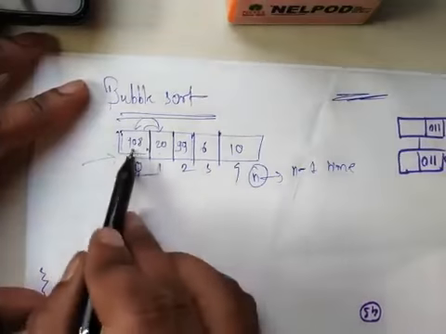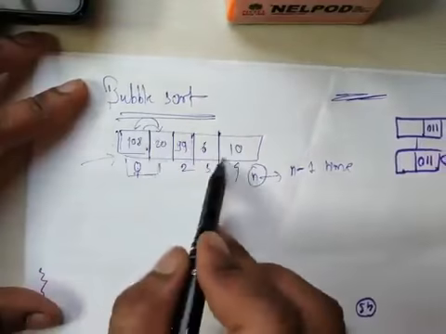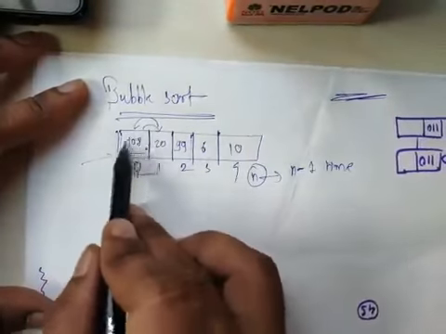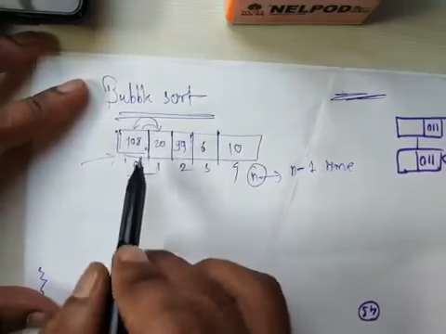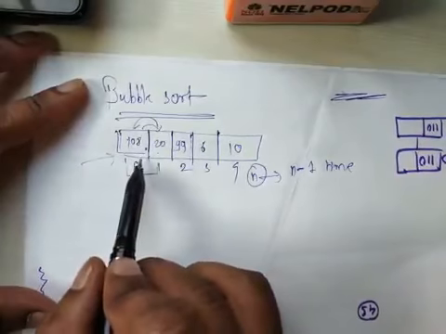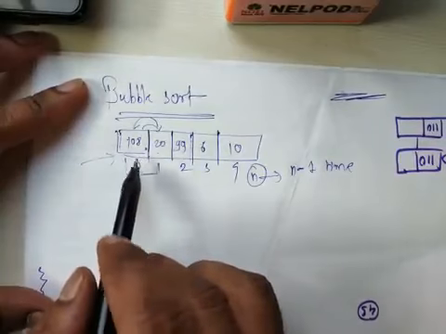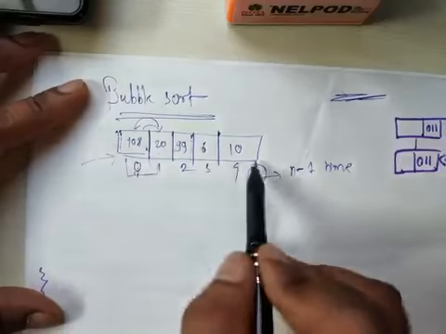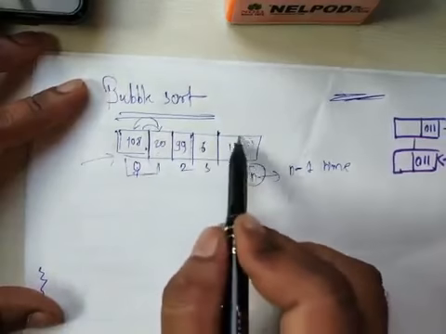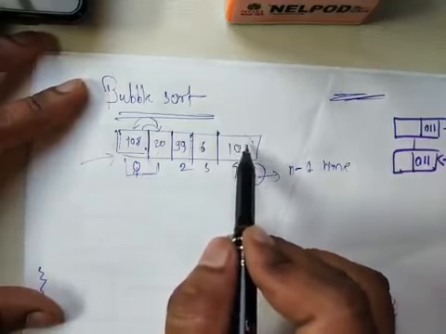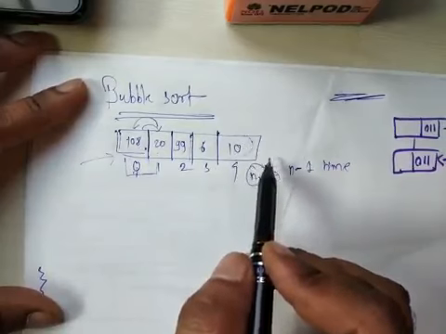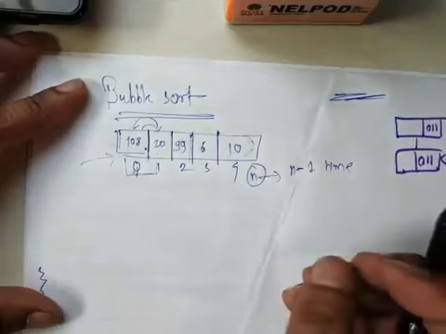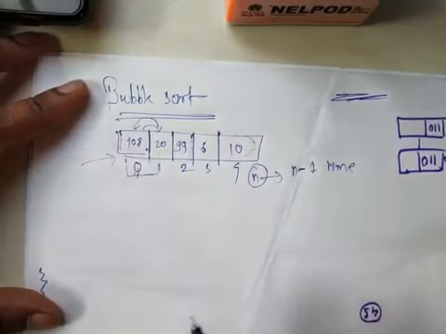The largest element here is 108. This largest element of the given array bubbles up toward the last place, or highest index, just like water bubbles rise up to the water surface.